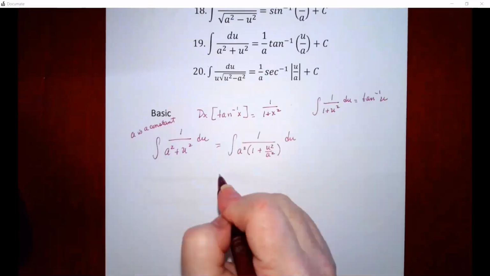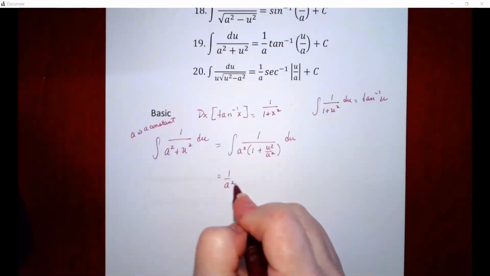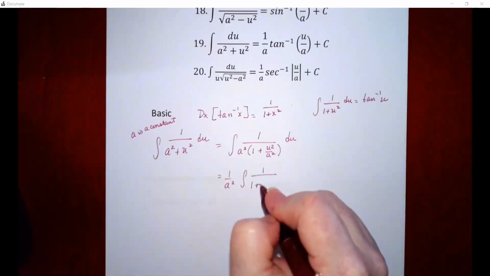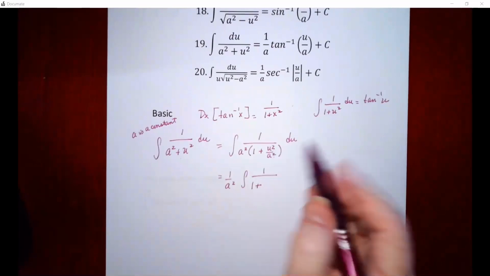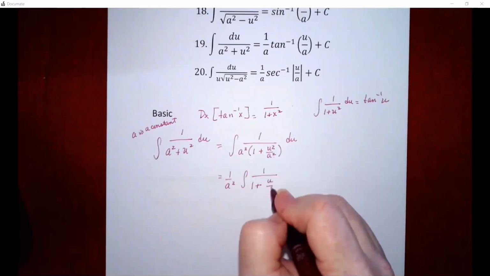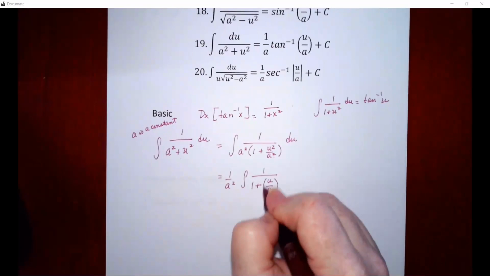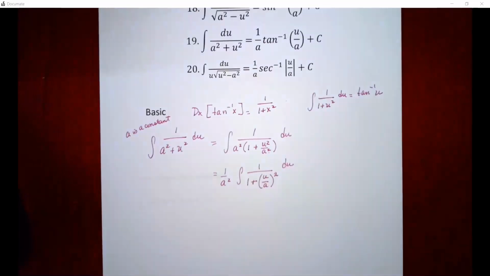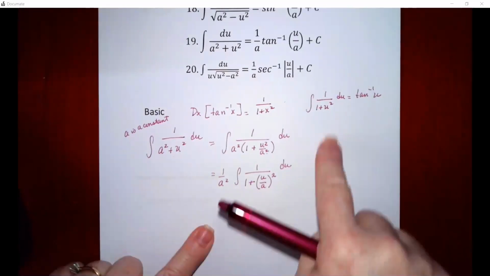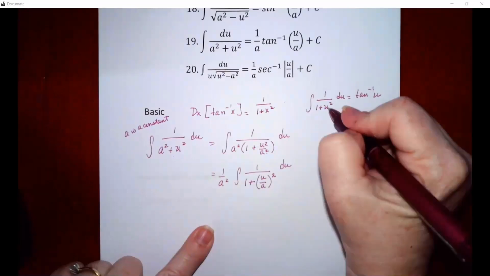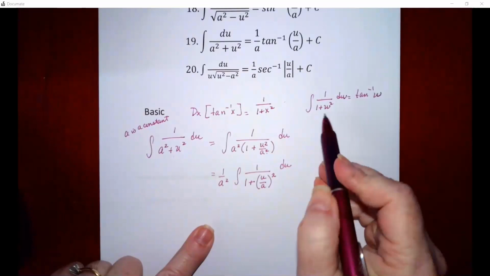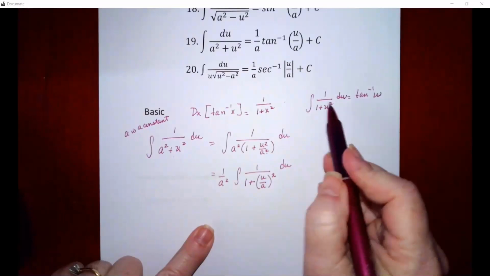So this would be 1 over a squared times the integral of 1 over 1 plus u squared over a squared, which could be written as u over a all squared, du. Now, I'm going to change this to a W just so it'll be a different variable up here when we're looking at it. It doesn't matter what I call that. I could call it X, W, T, whatever.